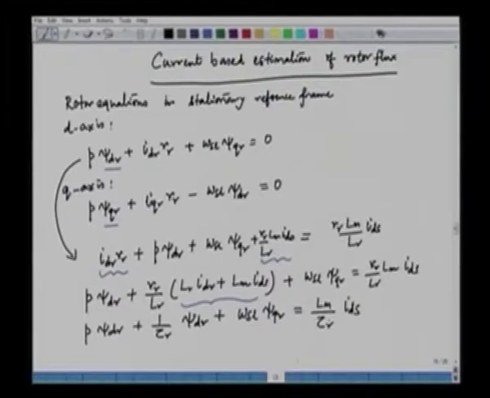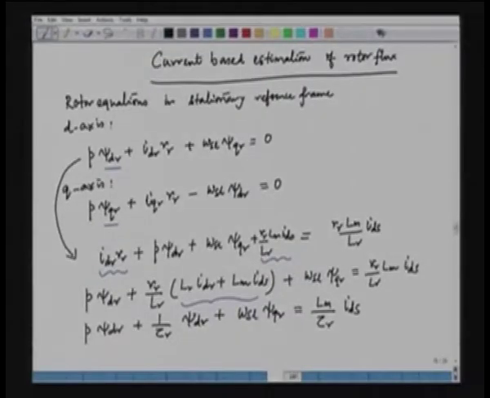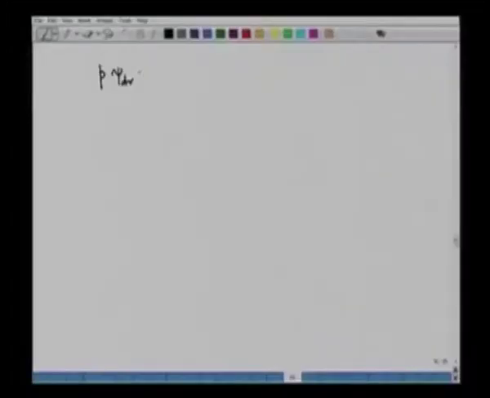We can further simplify this, and what we obtain is the following: P psi dr plus 1 upon tau r into psi dr plus omega r psi qr, that is equal to Lm by tau r into IDS.